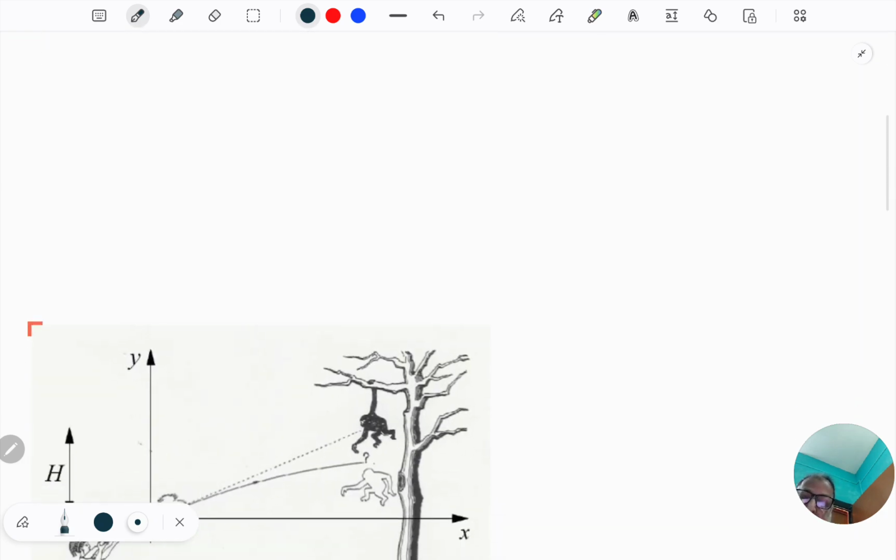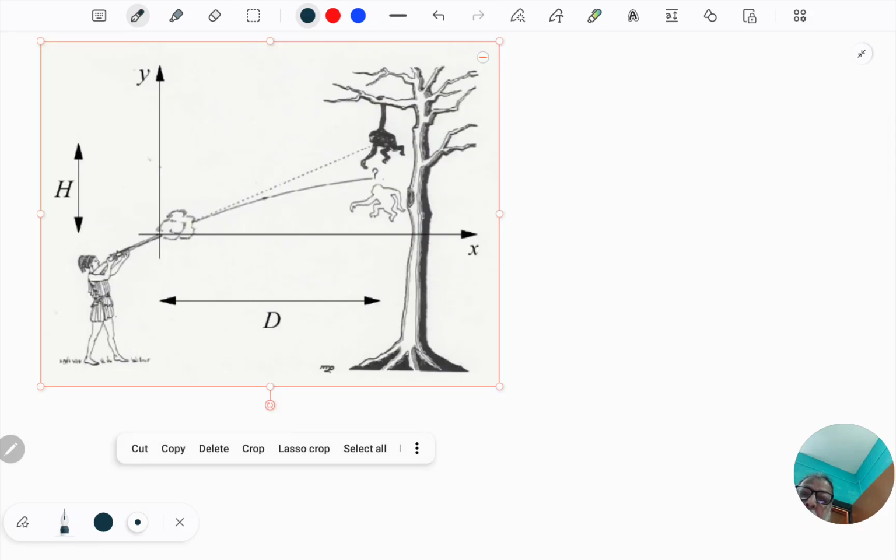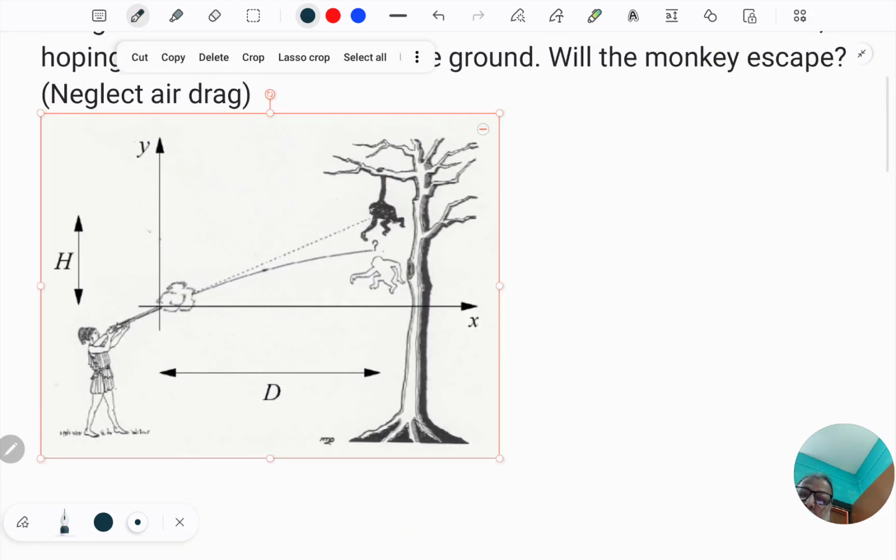Well, this figure will help us understand the problem better.